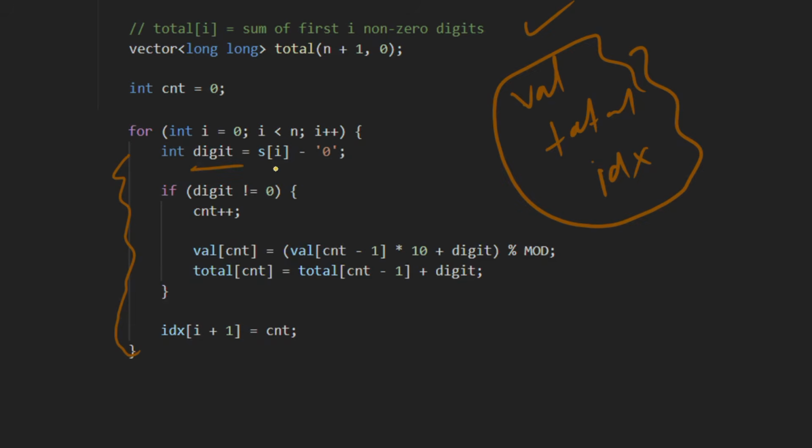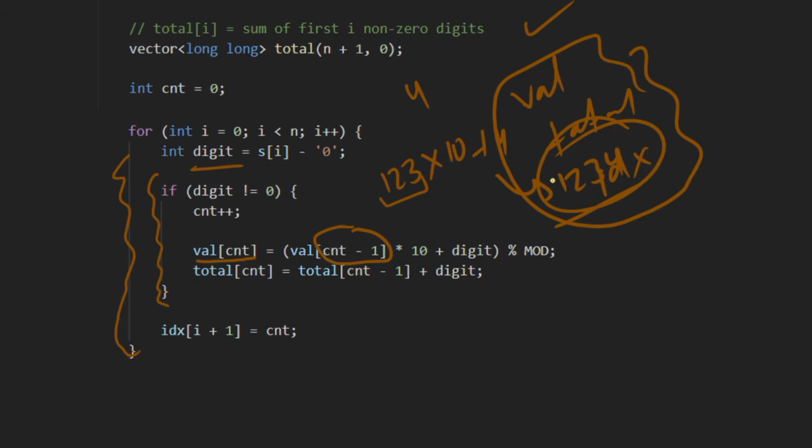So we check the digit, and if it is a non-zero digit, then we'll update our value array, that is value of count minus 1 into 10, that is the previous value that we have stored. Suppose the previous value was 1 2 3, and the current digit is 4, so 1 2 3 into 10 plus 4, it will become 1 2 3 4, right?